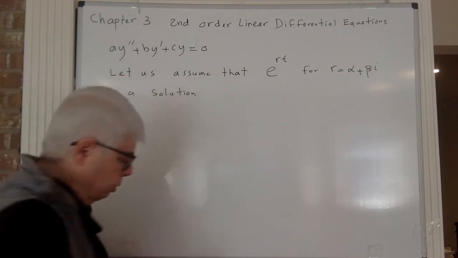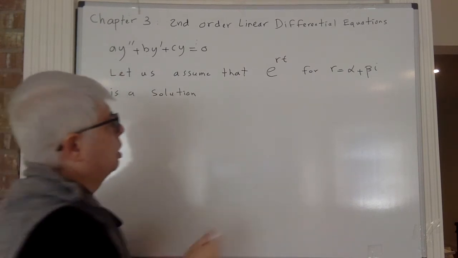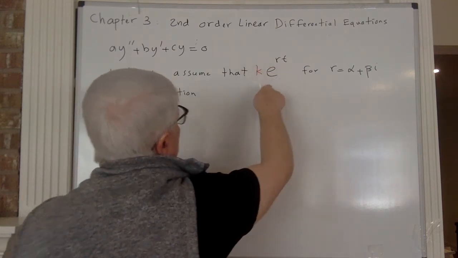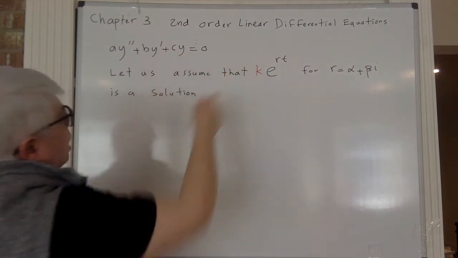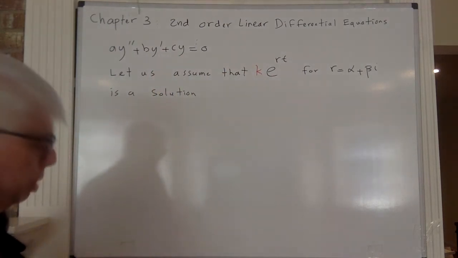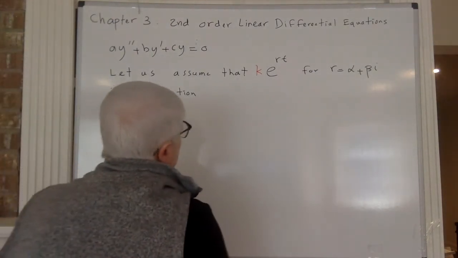Now one might ask, why didn't I multiply this by some k? I could multiply by k, but then when I plug in, I have a k here, another k here, another k here, and the k's cancel out with the 0 on the other side. So there's no reason to put a k here.